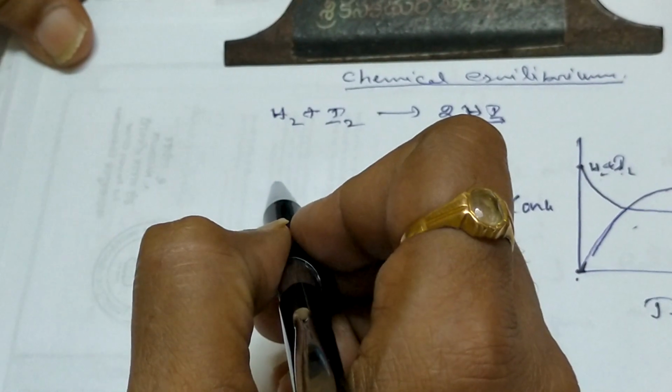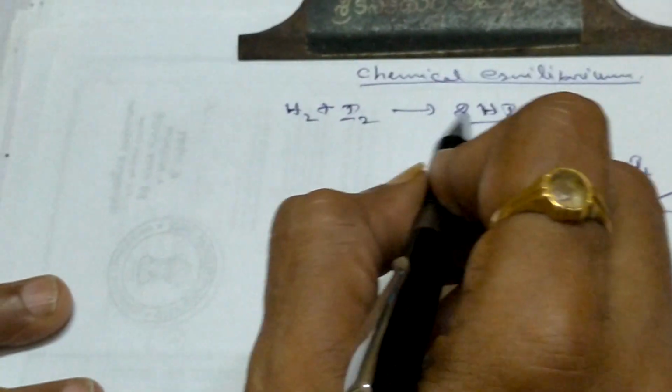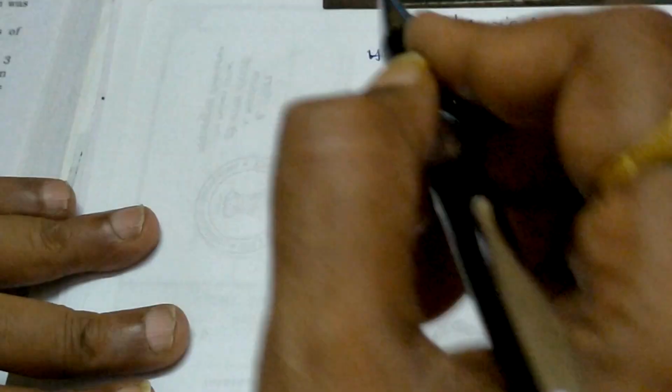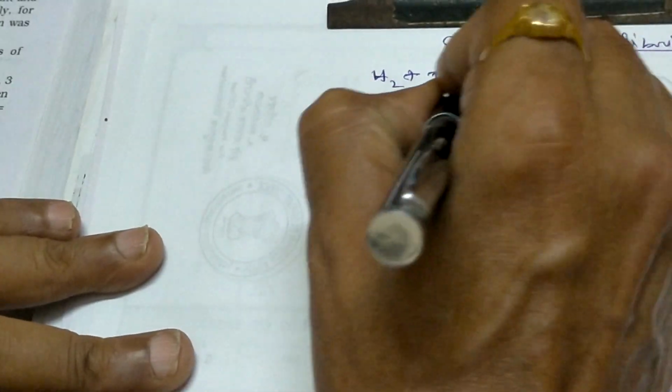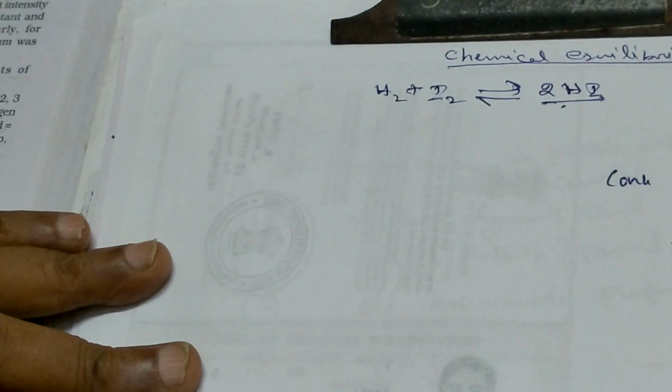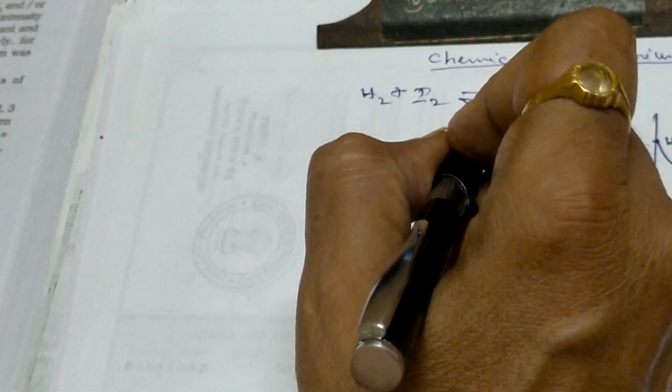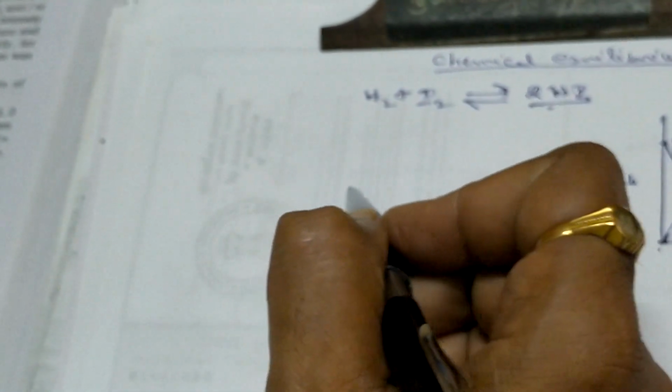How do we calculate the final concentration, or by stoichiometry we can do it, but how do we calculate the initial concentrations? Knowing the initial concentrations, how to calculate the equilibrium concentrations is another question.